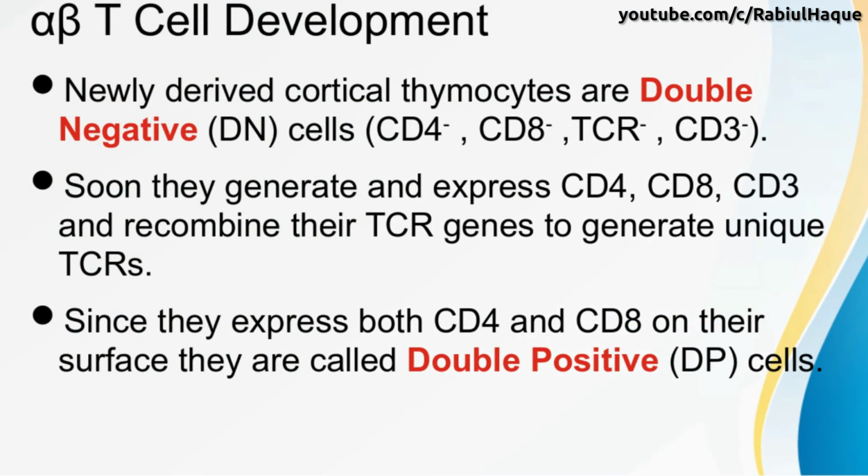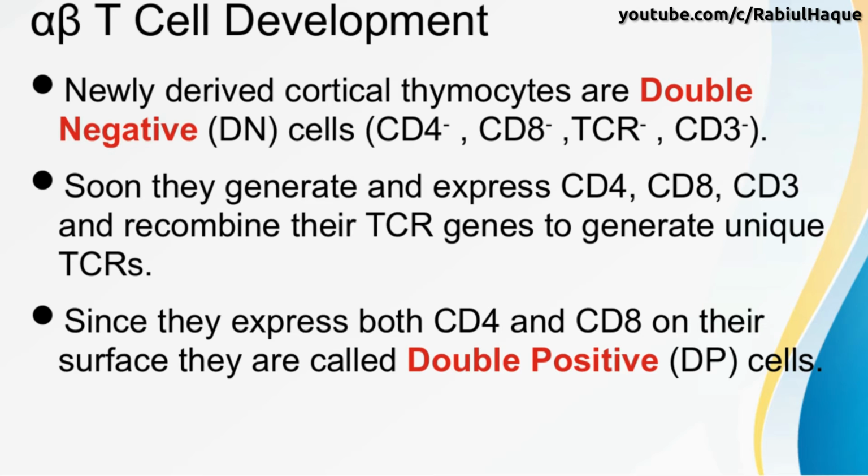development. Newly derived cortical thymocytes are CD4 negative, CD8 negative, T cell receptor negative, as well as CD3 negative. Since they do not express CD4 nor CD8 on their surface, they are also called double negative or DN cells at this stage. What will happen next?